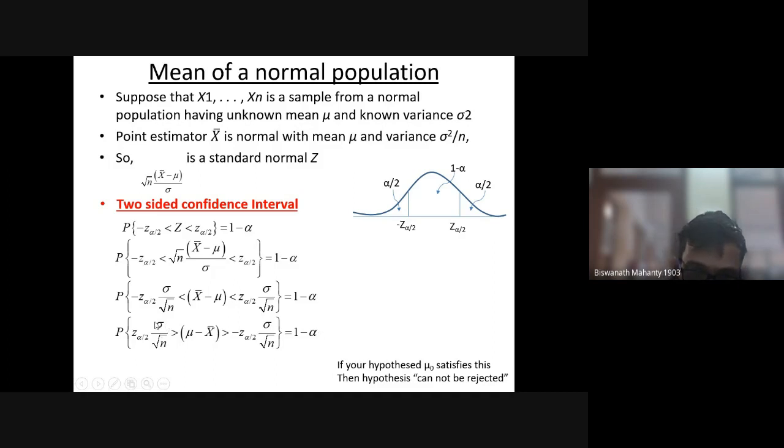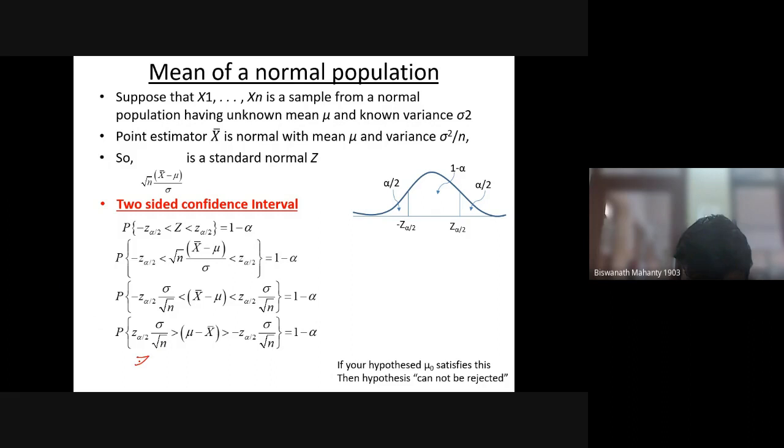What is the reorganization we are doing? We are actually multiplying. Okay, one step: until this point there is no hypothesis testing, you already know this. Now we are doing another point. I am multiplying by root n by sigma.